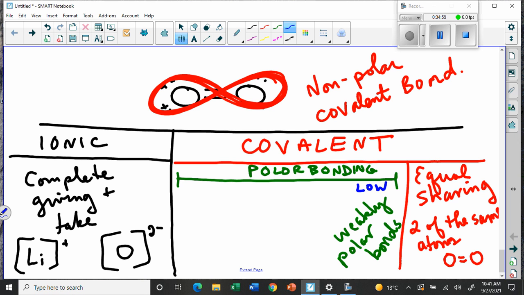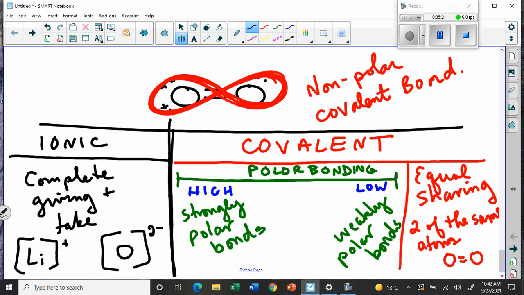Whereas over here, where you have a high difference, you have what would be called strongly polar bonds. So they're almost ionic. The sharing is so unequal that it's almost like a giving and taking, but not quite. So it's still part of the covalent world. So this dividing line right here is very important.